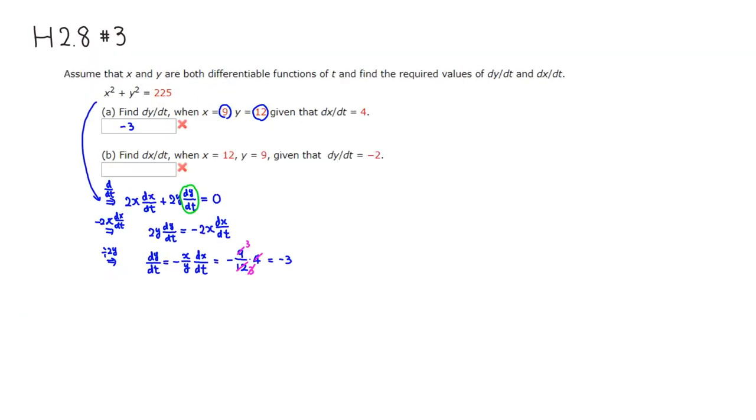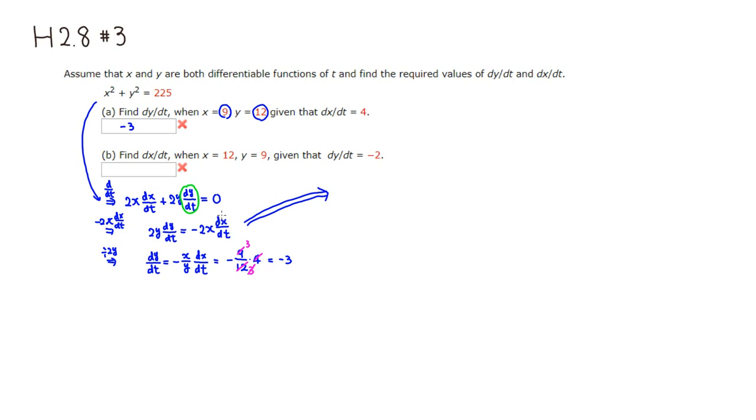Alright, so let's do part B. To do part B, we're actually looking for dx over dt. So the equation is exactly the same, the derivative is exactly the same. So I'm going to use this and solve this equation for dx over dt.